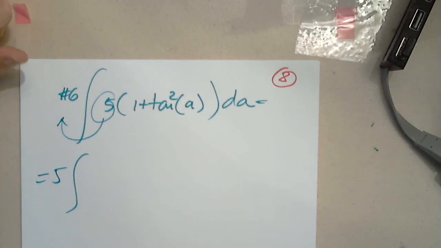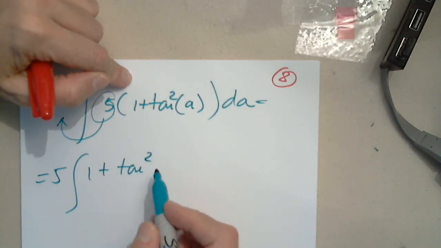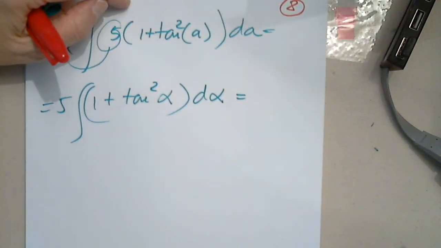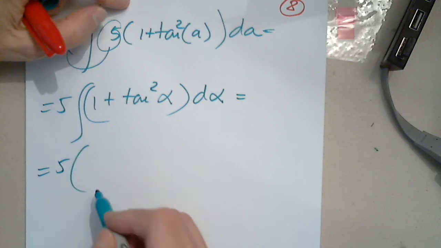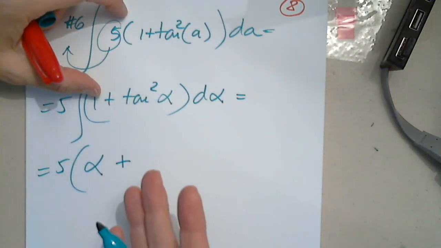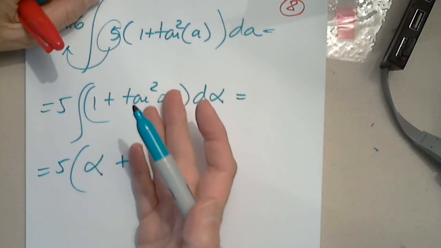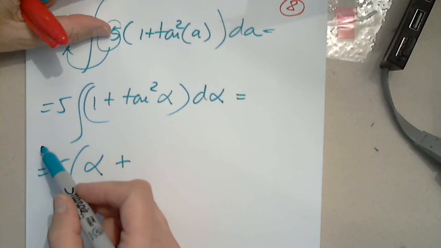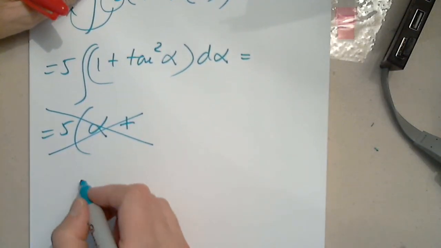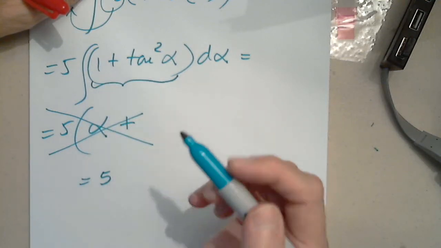It's in the way. And then I have 1 plus tangent squared alpha d alpha. So then this is 5. What function prime is 1? Alpha plus 1 function prime is tangent squared, and I don't have that. So obviously at this point I realize that I'm on the wrong path, but I remember that this is an identity.